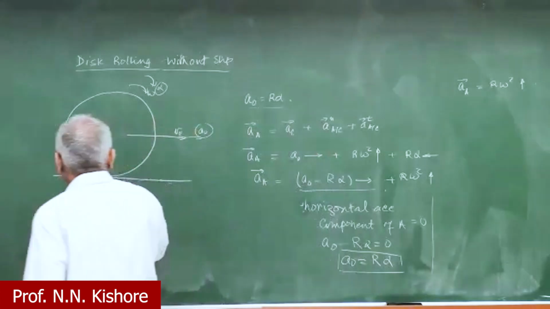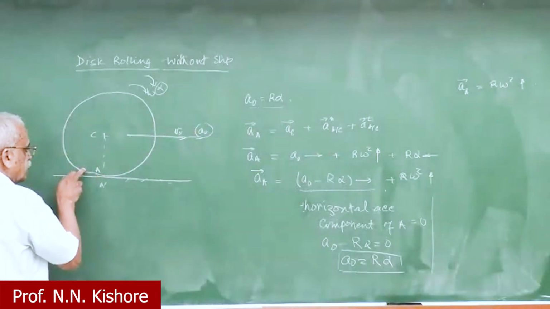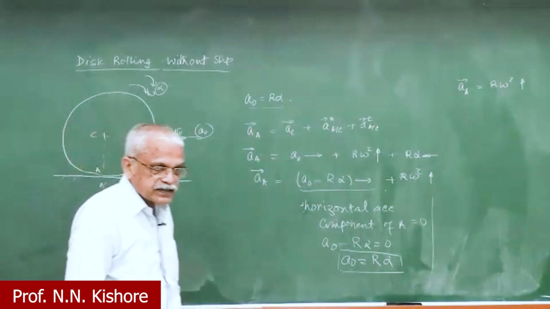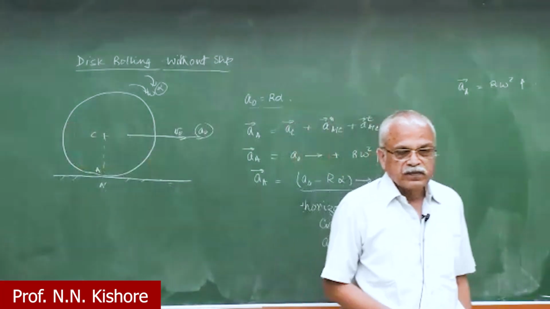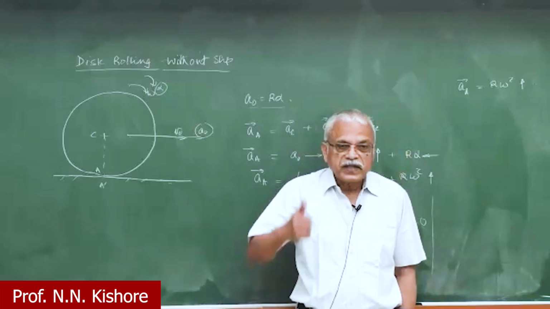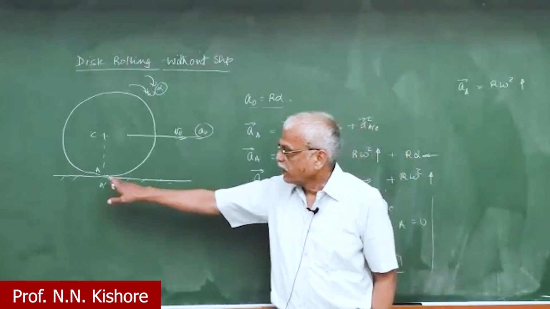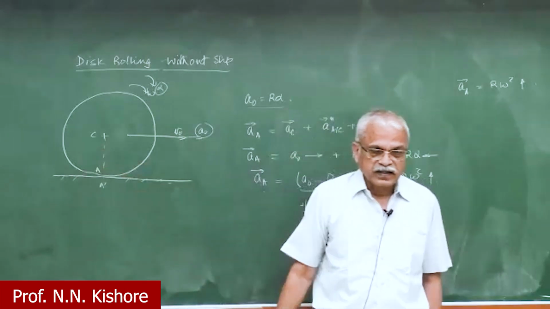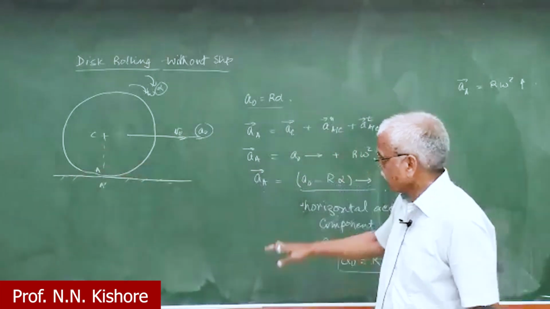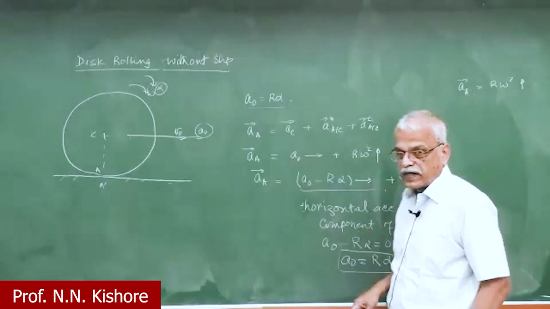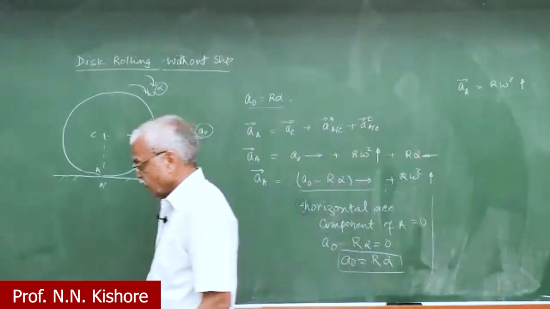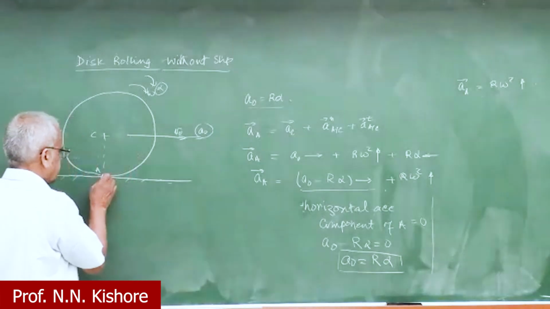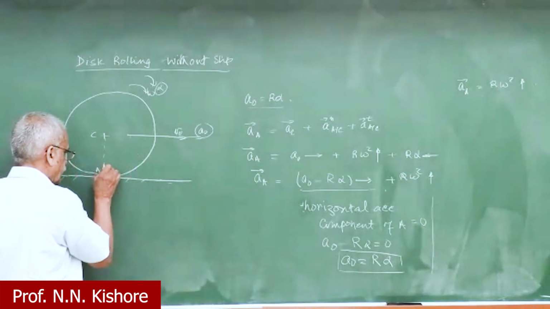As it moves, it is going up and up. Similarly, though its velocity is 0, it is going to pick up velocity in the vertical direction. The moment it comes here, it's going to have a certain upward velocity component. That is because of this acceleration component.